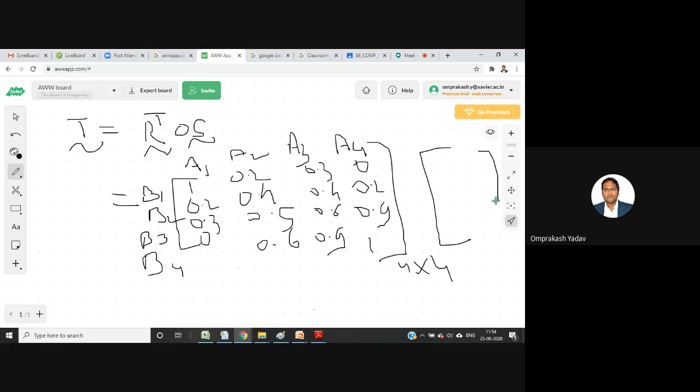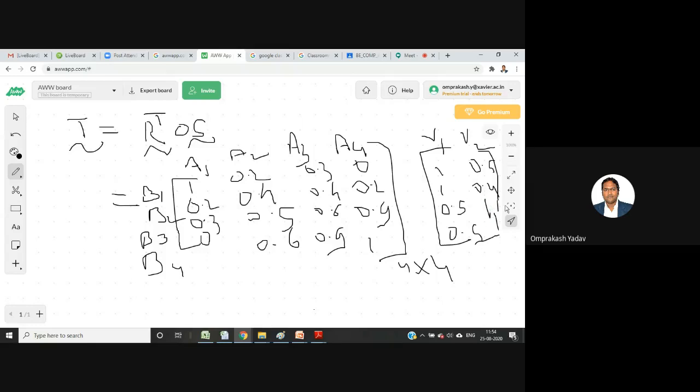And the next one is your S matrix. So S matrix is a V1 and V2. 1, 1, 0.5, 0.5, and then 0.5, 0.4.